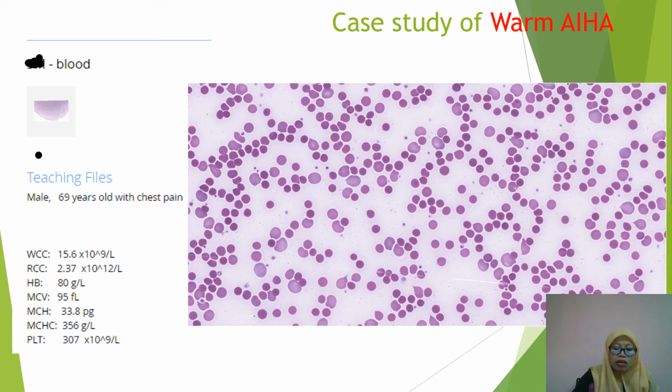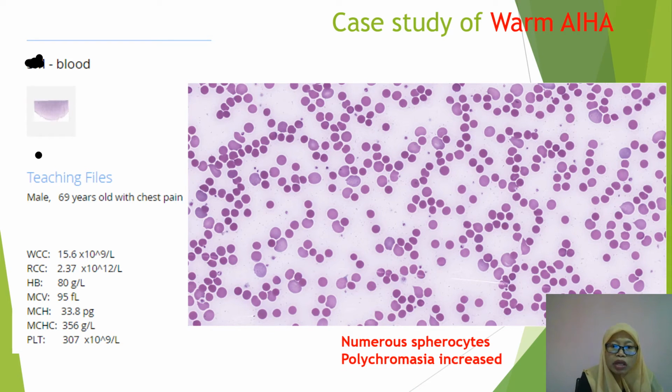This is a typical AIHA case, but you have to be very careful not to wrongly diagnose it as hereditary spherocytosis. Both hereditary spherocytosis and warm AIHA present with almost similar peripheral blood features. Therefore, you have to be careful to correlate with the age and also the clinical history.